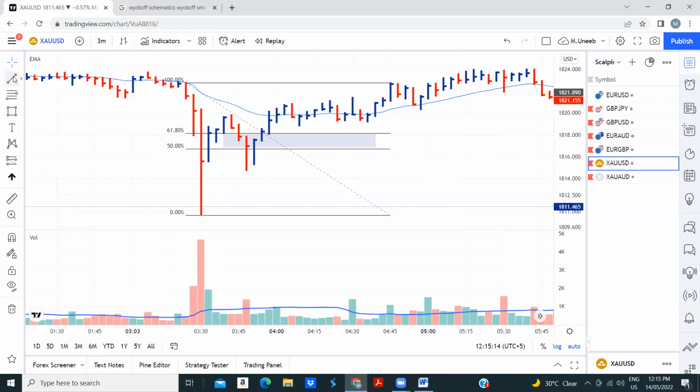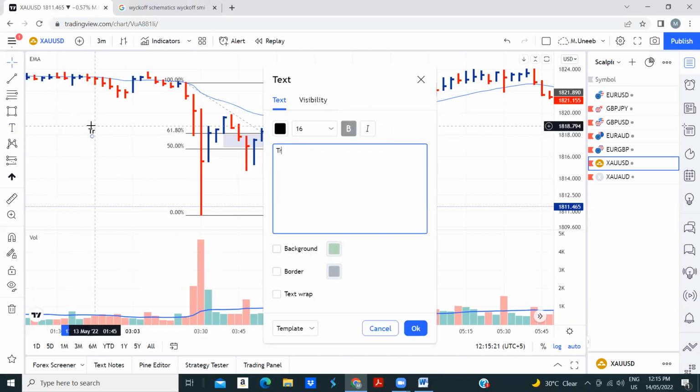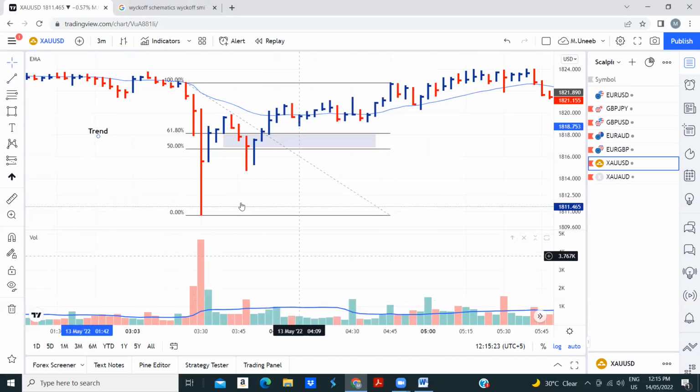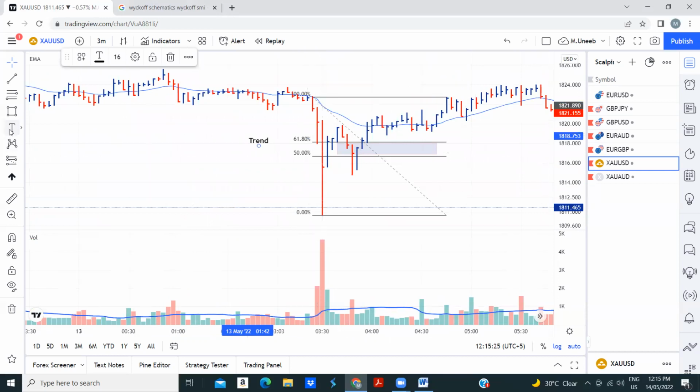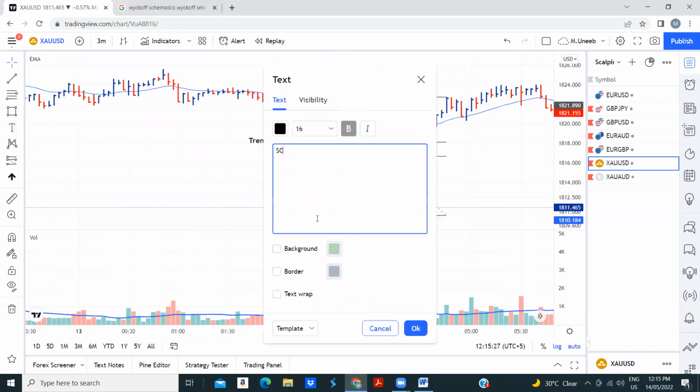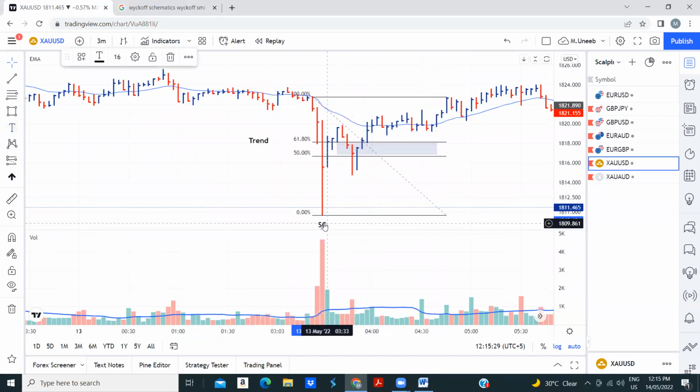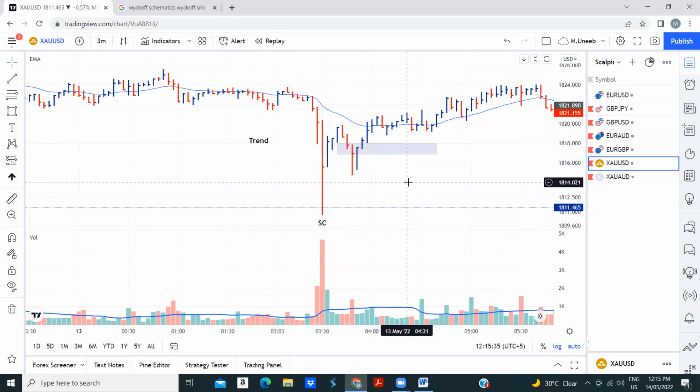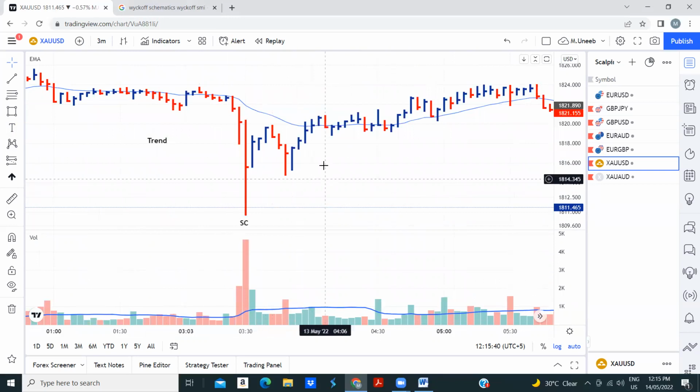As I told you, the Fibonacci 61.8 to 50% only works in trend. Now, what do we notice here? This is the selling climax. Once you observe the selling climax, you know that the market will reverse. So this Fibonacci will not work anymore. So we will not draw any kind of Fibonacci.